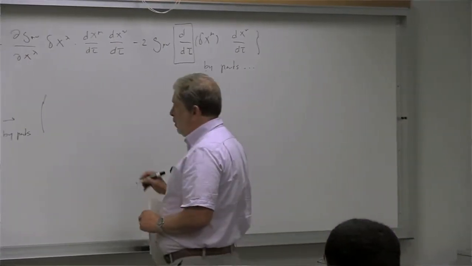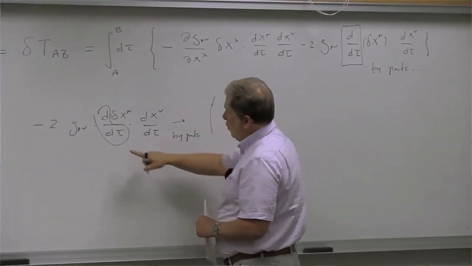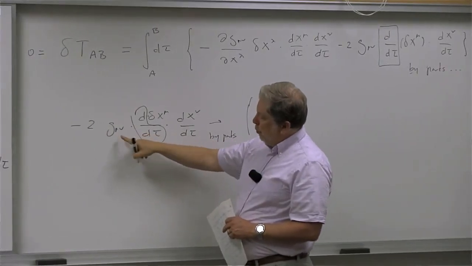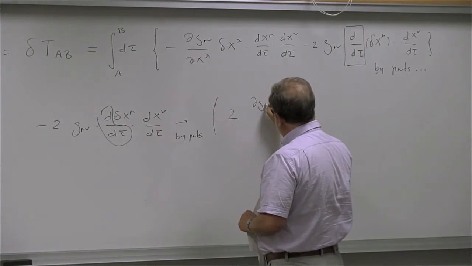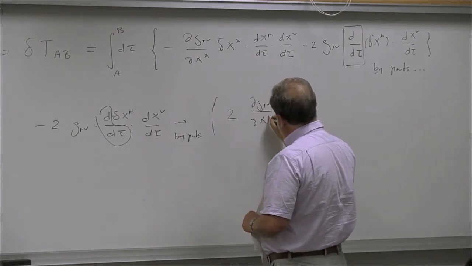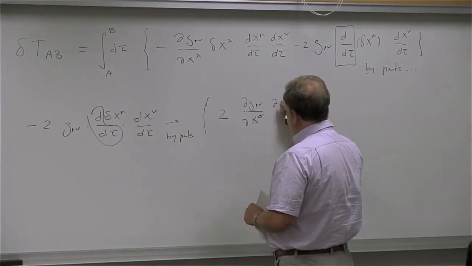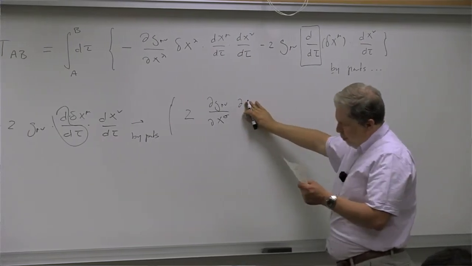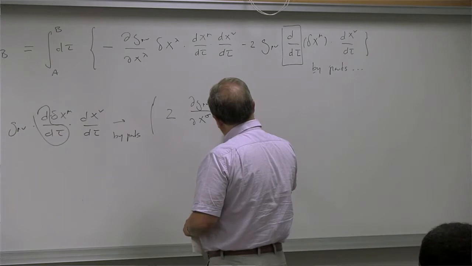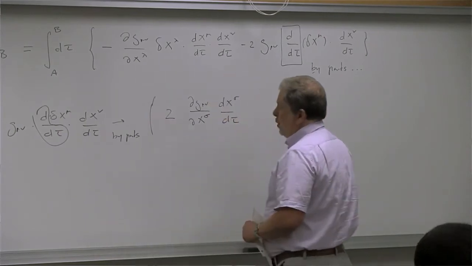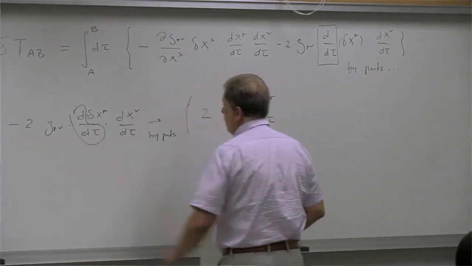So 2 times. So we get the derivative of g mu nu with respect to tau, and that we can write as the derivative of g mu nu with respect to the coordinate x sigma, and then the derivative of x sigma with respect to tau. So that's one term that takes the derivative of that.